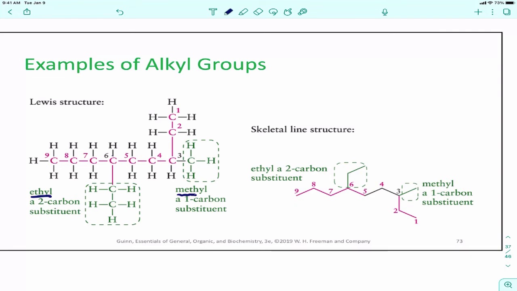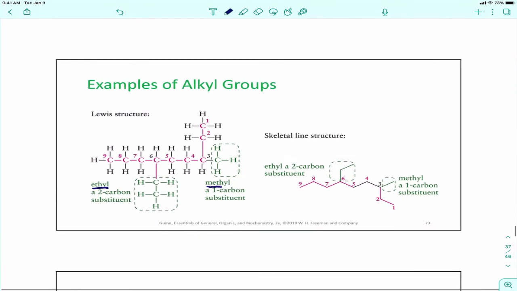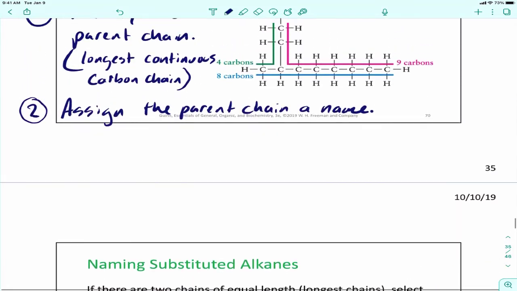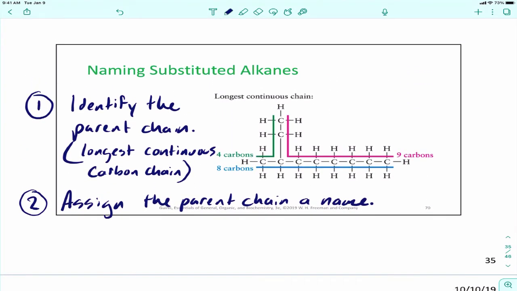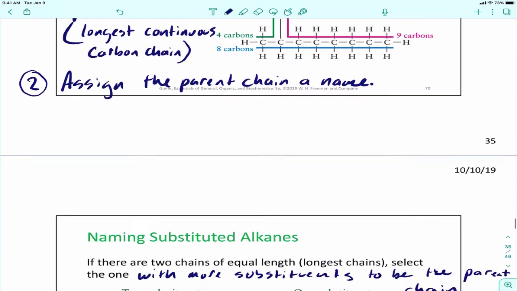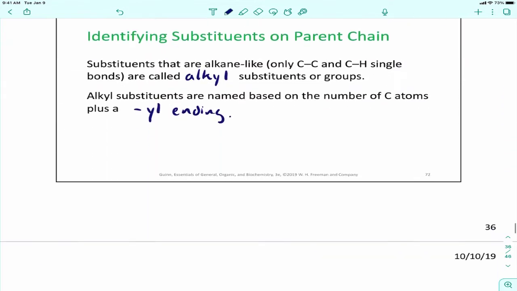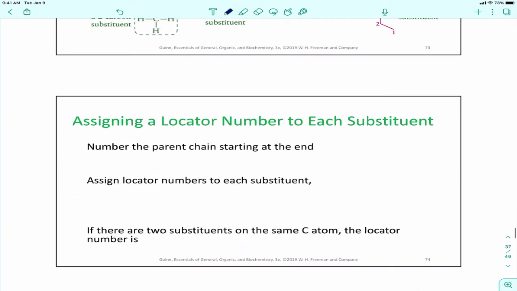Okay, so let's review what we have so far. The first step: identify the parent chain. Second step: assign the parent chain a name. Third step: number the parent chain starting at the end closer to a substituent.